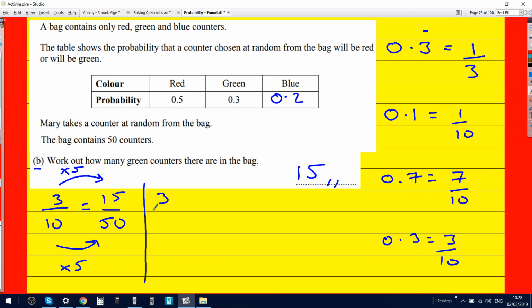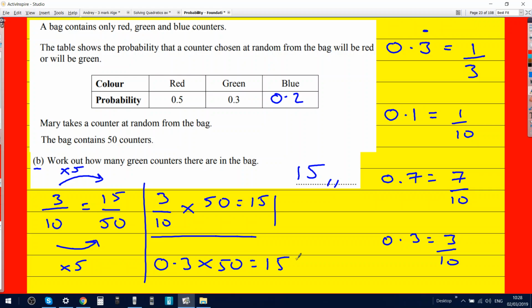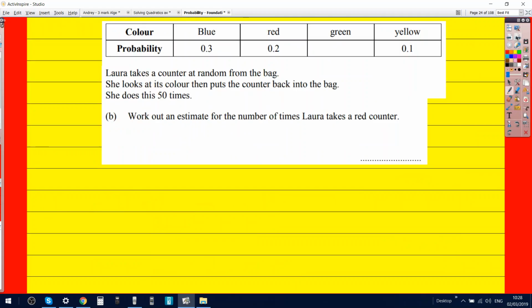For this one, you can just do 3/10 of 50. Okay. And you get the same thing. And then you can go even a step more direct, and you don't even need to change it into a fraction. It's just 0.3 times 50. 3 times 5 is 15. Those cancel, and so it's 15. So it's literally just probability times number of trials.